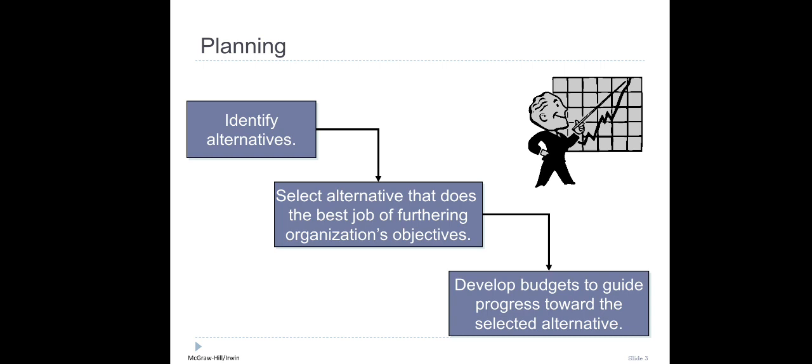So he has to do planning. And the way management accounting can help the manager in doing the planning is the management accountant can prepare budget for the manager. So budget is one thing that the manager can use to plan for the future of the business.